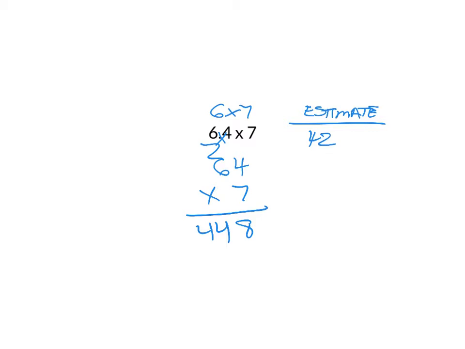But now what we need to do is look at our estimate to figure out where that decimal place goes. And our estimate was 42. Well, where in 448 would the decimal point go to be close to 42? It would go right there. So our answer is 44 and 8/10.